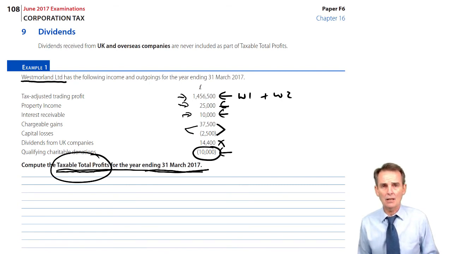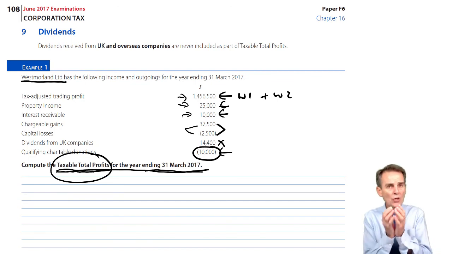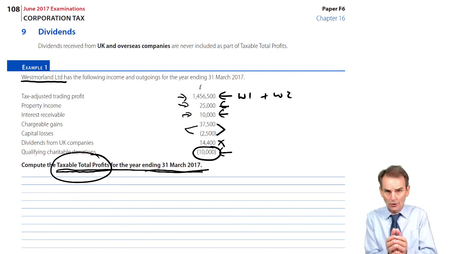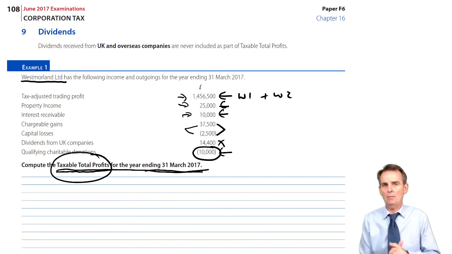So an 18-month period of account would create two corporate tax computations, the first of 12 months, the second of 6 months. But how is it that we take one statement of profit or loss, and from that one statement prepare the two corporate tax computations?